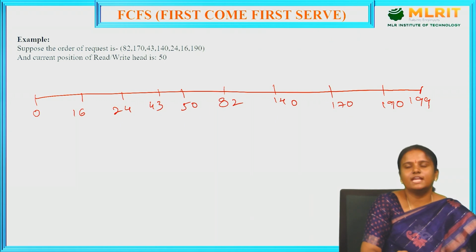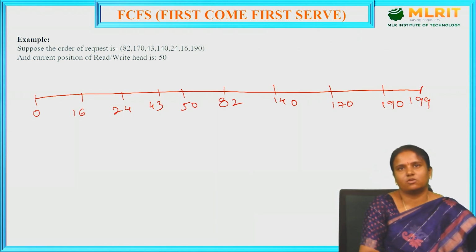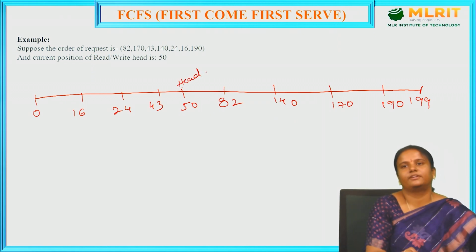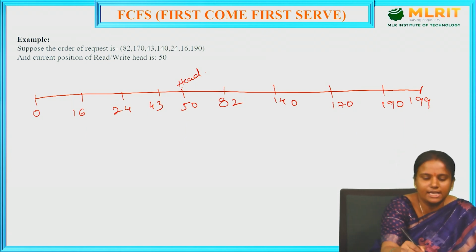What is our first algorithm? First come first serve. The request which comes first will be served first. Our head is 50, so starting from 50, what is our first number? 82. We move from the head to 82.